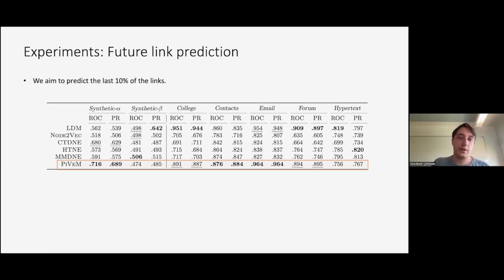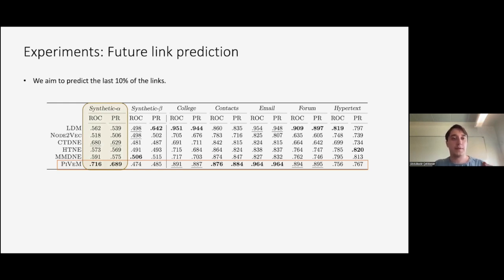For the future link prediction task, we take the events occurring in the last 10% of the timeline as the testing set, and train the model on the initial 90% of the edges. As I mentioned before, the synthetic alpha dataset follows our model's assumption, so our model is good at predicting the links for this network.